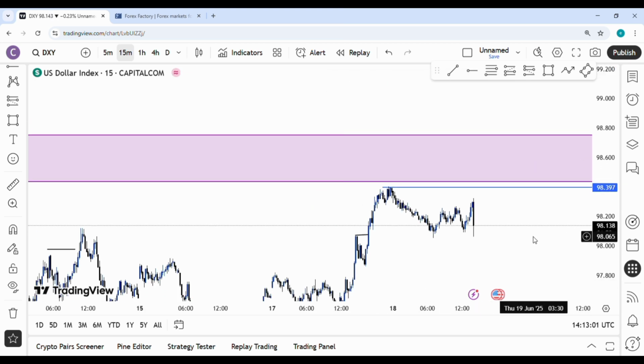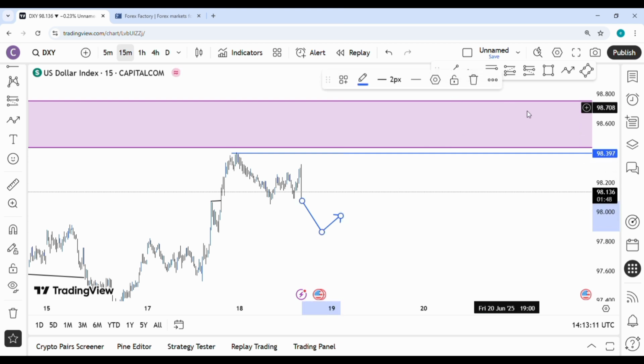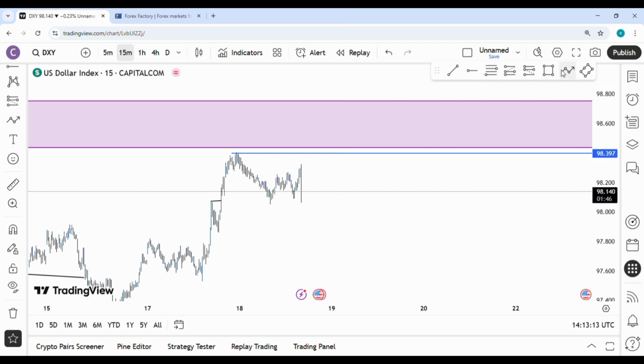So what are we expecting from the DXY? Now this is what we are expecting. We are expecting price to do something like this. Go down a little bit, go up. Something like this.